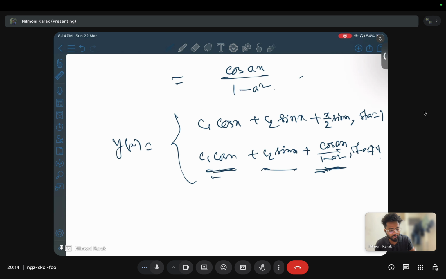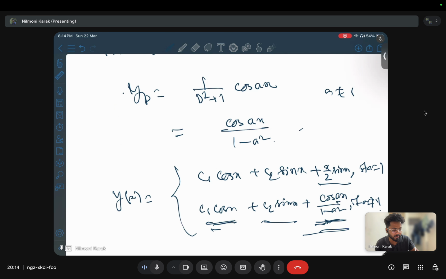But for a equals 1, for example, this is not a periodic function or almost periodic function at all, because x is there.